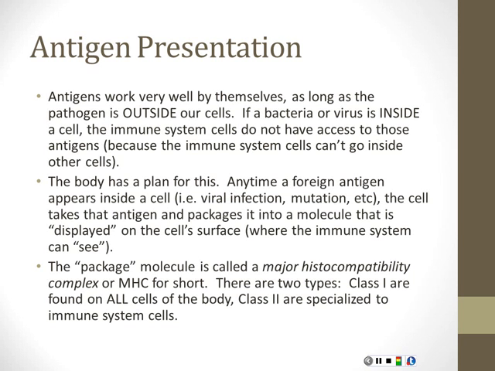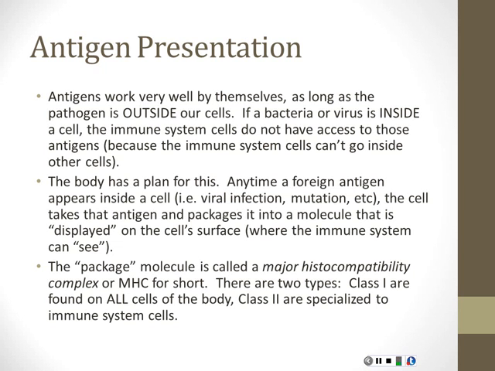Class 1 are found on all nucleated cells. So every cell in your body that has a nucleus. So what is that leaving out? The red blood cells. Red blood cells don't have class 1 MHCs, but they're the only exception. All other cells have these class 1s.